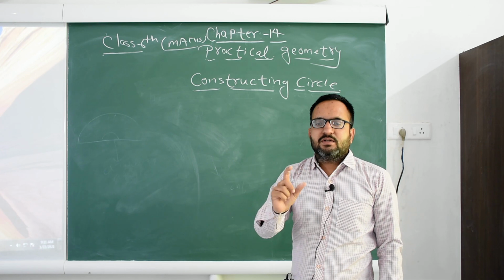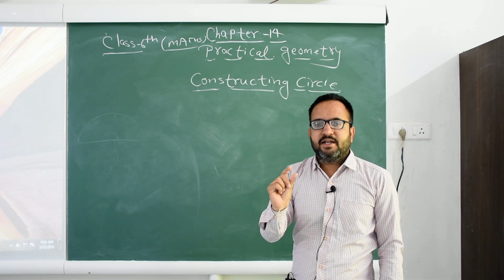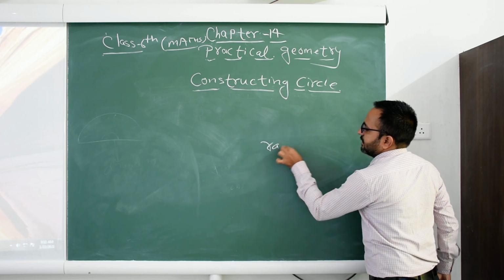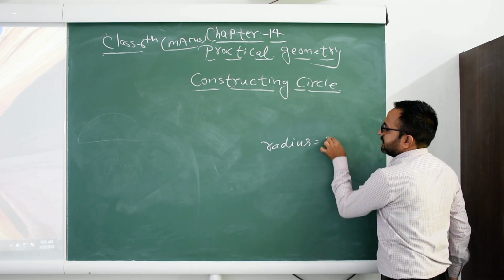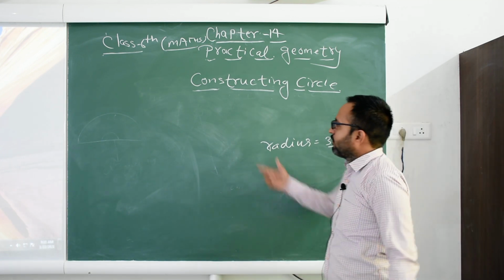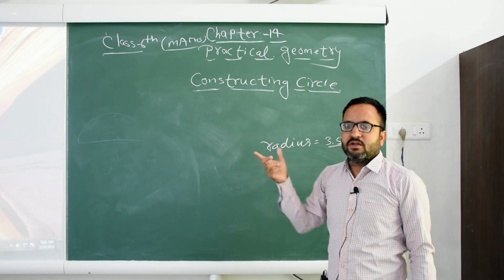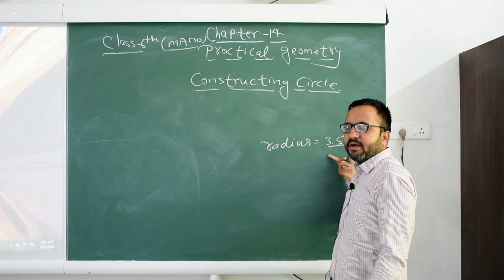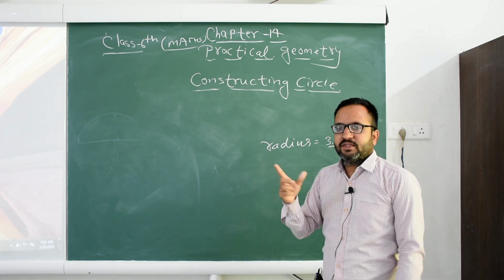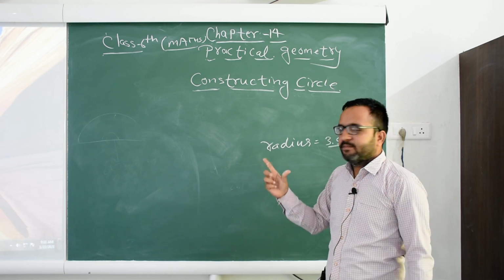For this, first of all we need a radius. If you have a radius of 3.5 centimeter, for constructing the circle, first of all we have radius 3.5. This is already given. So we use the ruler and compass.